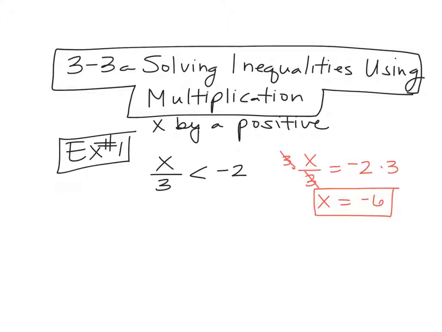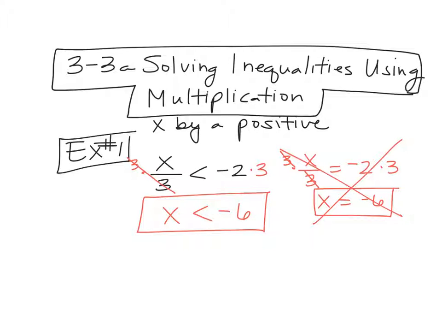But we're not doing equations today. We're doing inequalities. So you're not technically doing this, but you're doing the same thing, okay? So we're gonna multiply by 3 on both sides. This cancels, and you get x, your symbol stays the same, is less than -6, okay? And that's your answer.